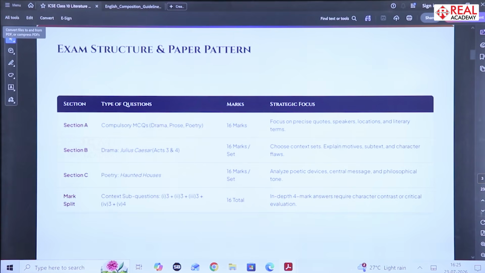In-depth 4 mark answers require character, contrast, or critical evaluations. I hope the exam structure and paper pattern is clear to everyone.